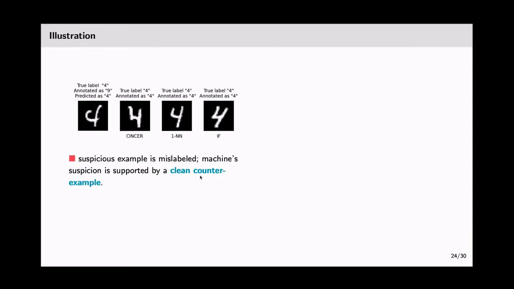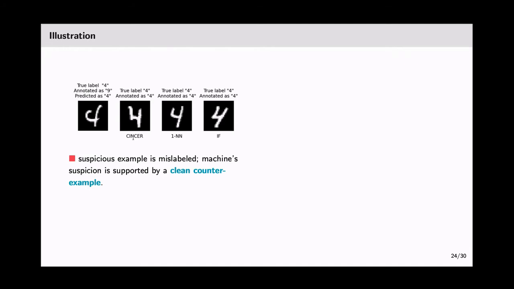Okay, I would like to show this example. Suppose that we have this image which represents a 4, and this is correctly predicted as a 4 by the machine. However, the user annotates this as a 9.